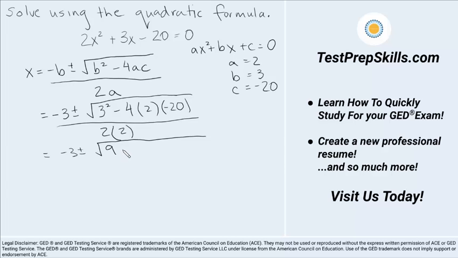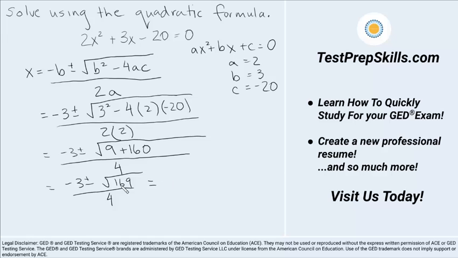So that's actually going to be plus 160. And that whole thing is going to be over 2 times 2, which is 4. Let's keep simplifying. So we've got negative 3 plus or minus the square root of 9 plus 160, which is simply 169. And that's all over 4.